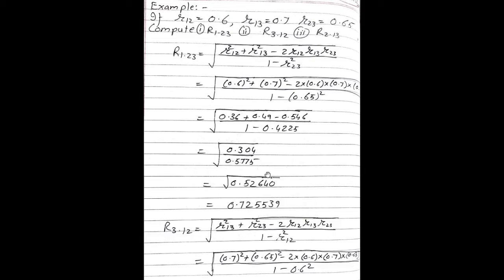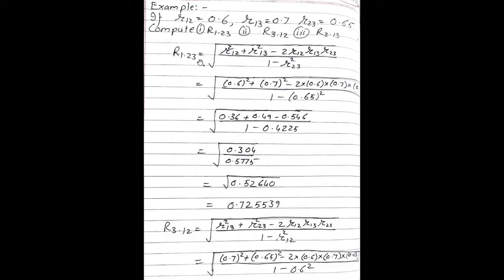Next example. If R12 is equal to 0.6, R13 is equal to 0.7, R23 is equal to 0.65, compute first part capital R 1.23, second part capital R 3.12, and third part capital R 2.13.